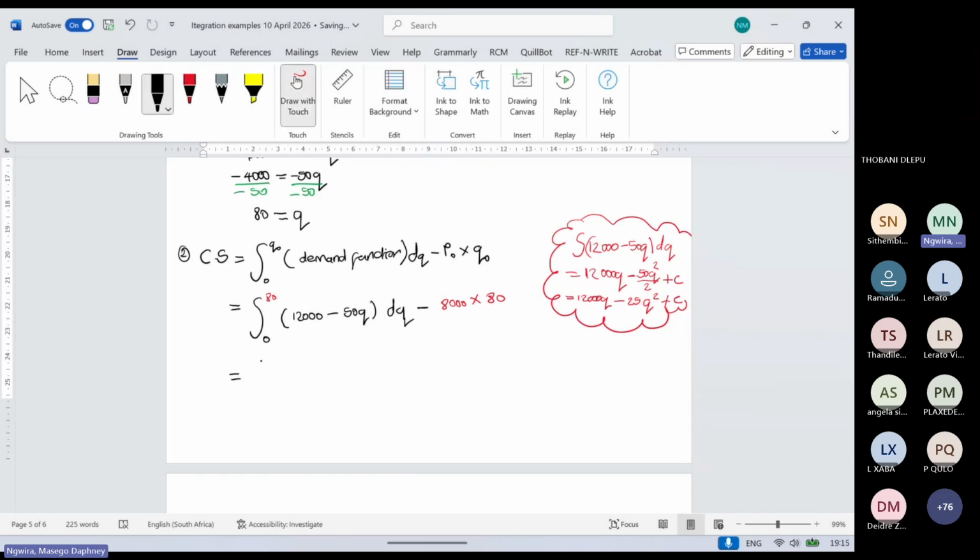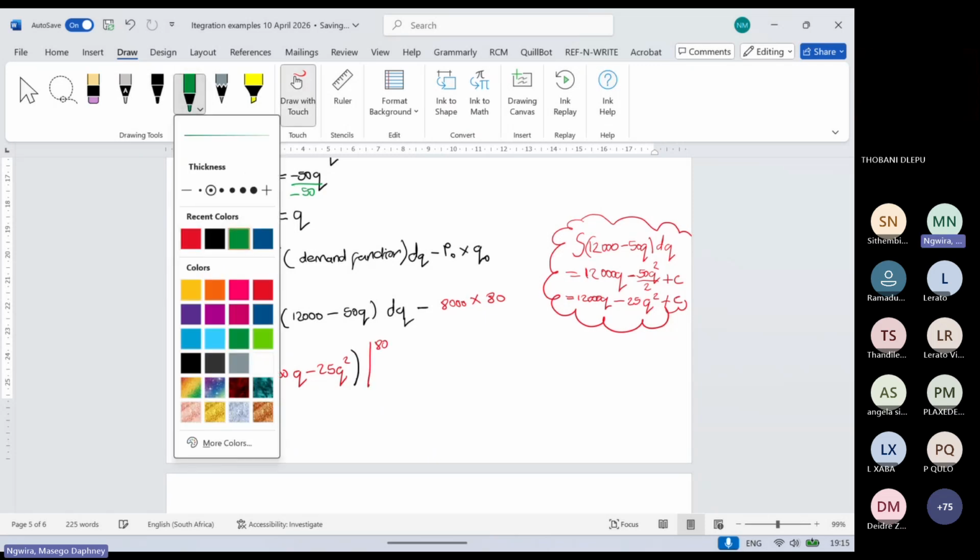Can I finish? You'll ask when I'm done. So when I integrate this, let me write it in red. I integrated this part, so this will give me 12,000Q minus 25Q squared, not forgetting the limit, which is 80.